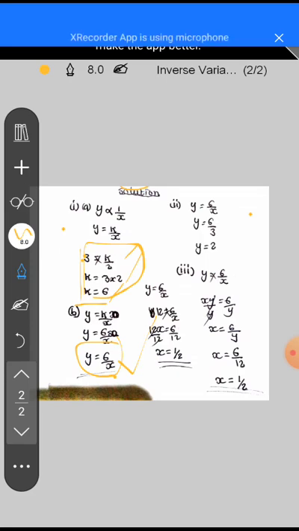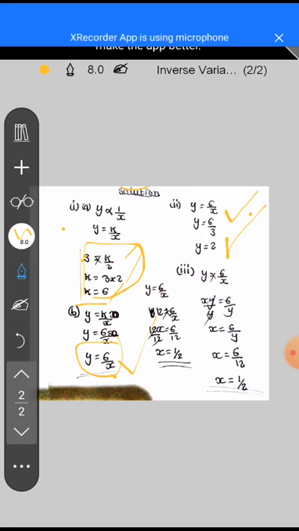Since we were given that x is equal to 3, what's the value of y? Since we know the constant, we just replace, saying y is equal to 6 over 3. So 3 into 6 is 2. This is the value of y when x is equal to 3.